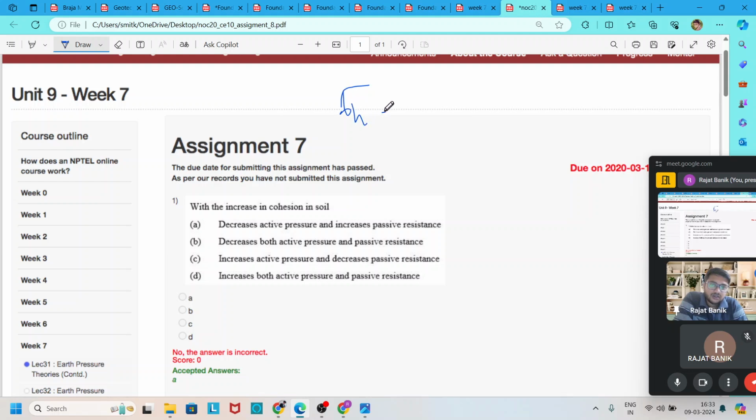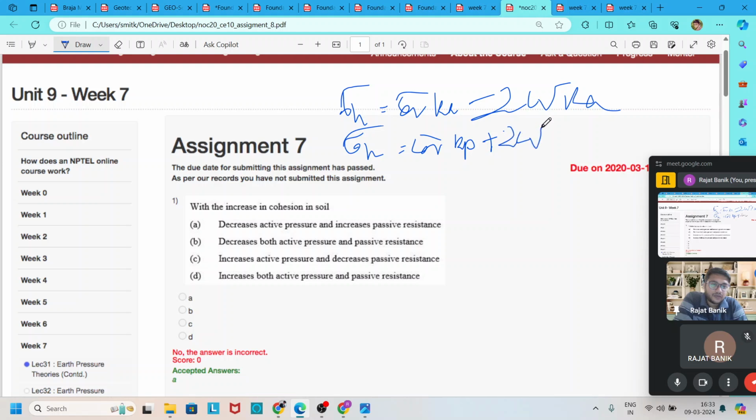In the active case, the active pressure formula is sigma H equal to sigma V into Ka minus 2C root over Ka. For the passive case, it is sigma V into Kp plus 2C root over Kp.